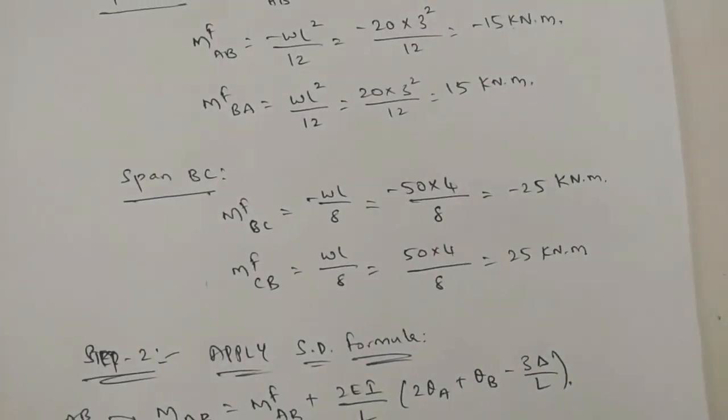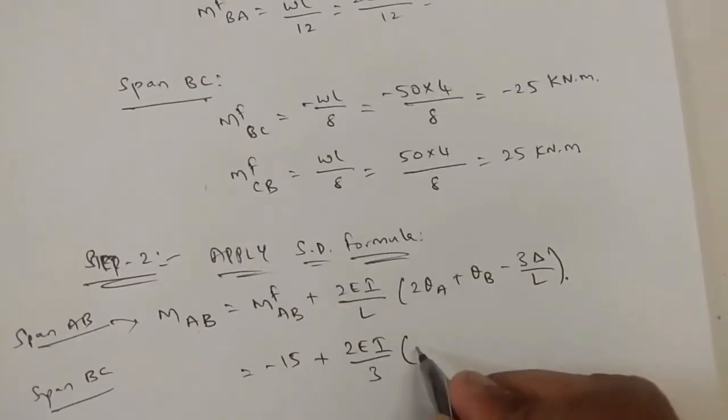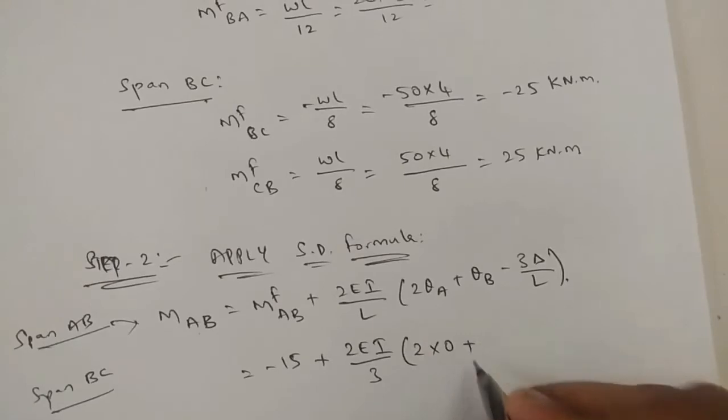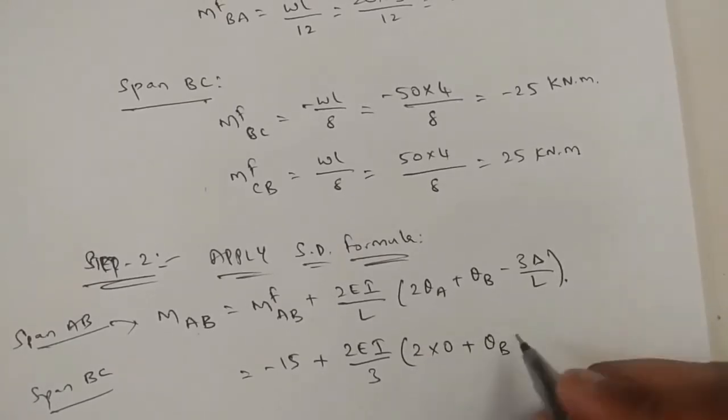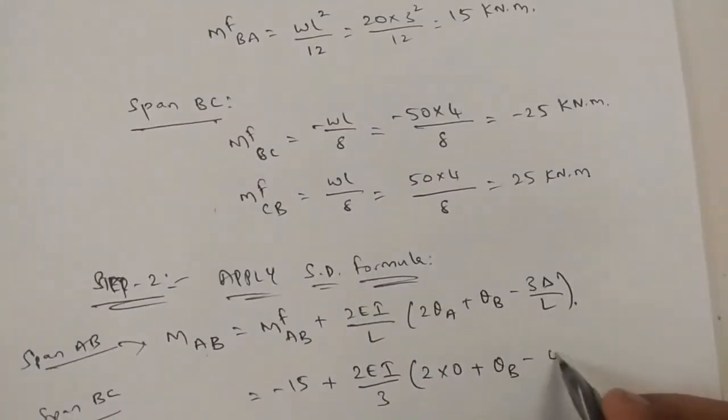There is no slope at the fixed support, so we take theta A as 0. Theta B is unknown, and there is no sinking of support given in the problem, so delta value will be 0.